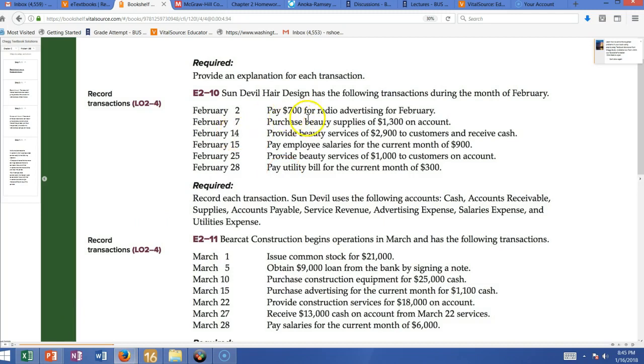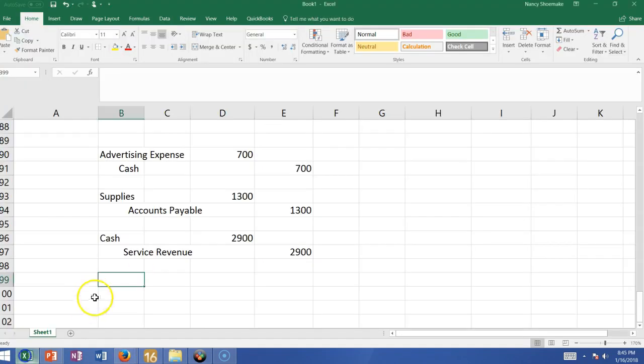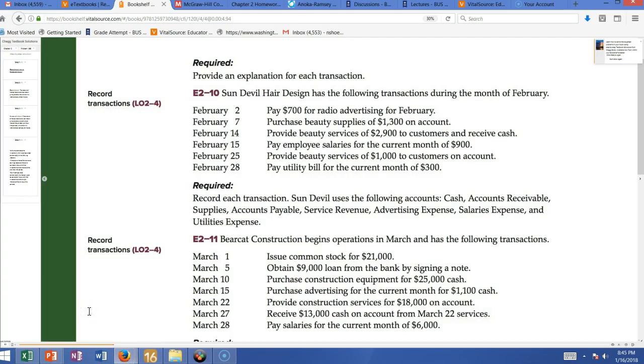Salary expense debited and cash credited. So pay employee salaries expense for the current month, $900. Salaries expense debited, cash credited. Next, provide beauty services of $1,000 to customers on account.